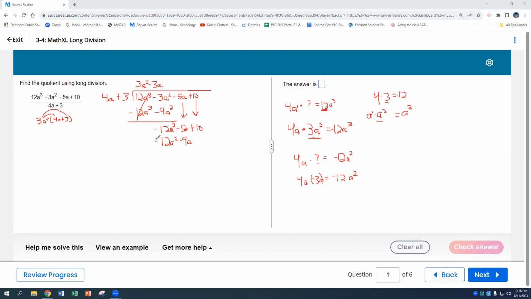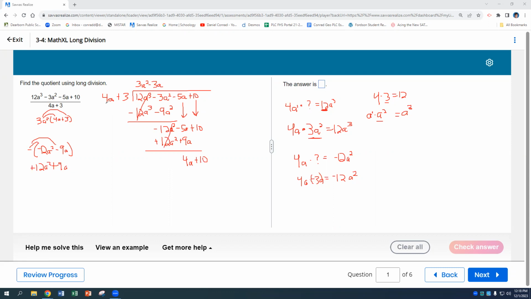Okay, we're subtracting, so we need to switch the signs. If I have negative 12a squared minus 9a and I'm subtracting, when you distribute that negative, it becomes positive 12a squared and positive 9a. That's why it's plus and plus. So this cancels. We have 4a plus 10, because negative 5 plus 9 is 4.